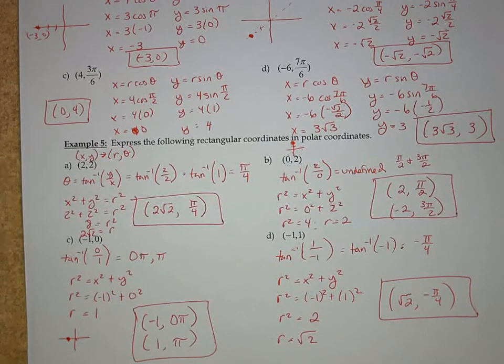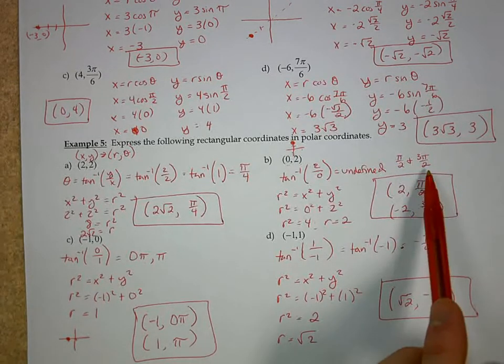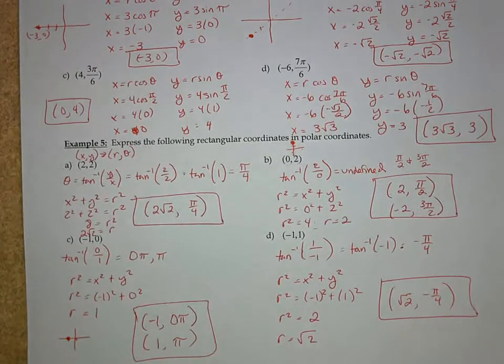Really, the ones we look at where we've got to have both answers are the undefined cases, because when we looked at tangent inverse originally, it's only defined in the first and the fourth quadrant, and this is the borderline of that first and the fourth quadrant, which isn't included in the domain. So we want to look at both of those answers.